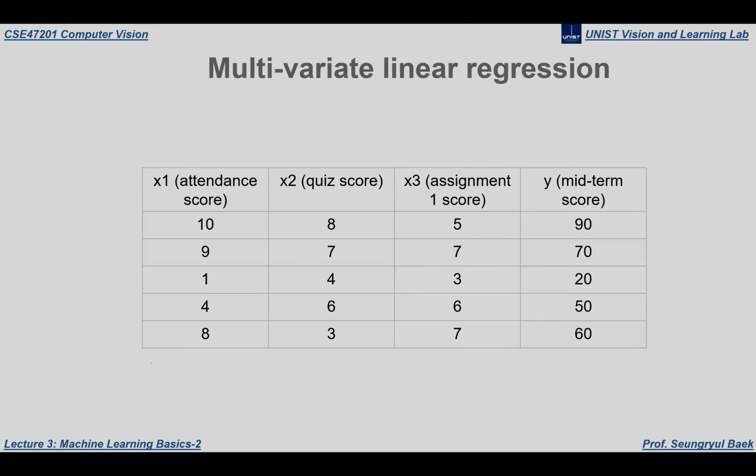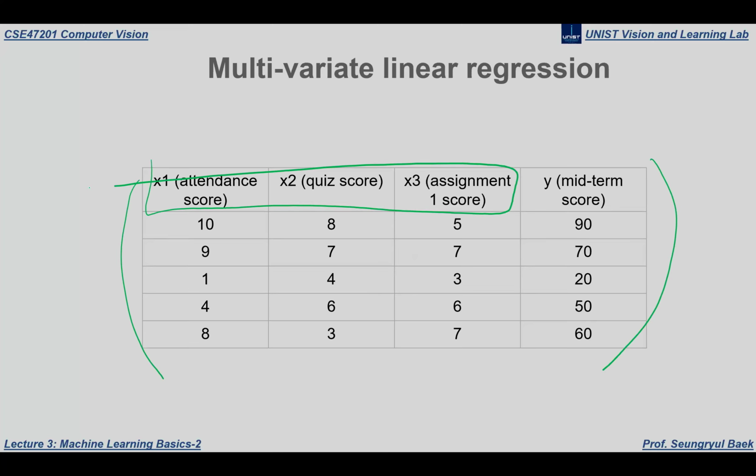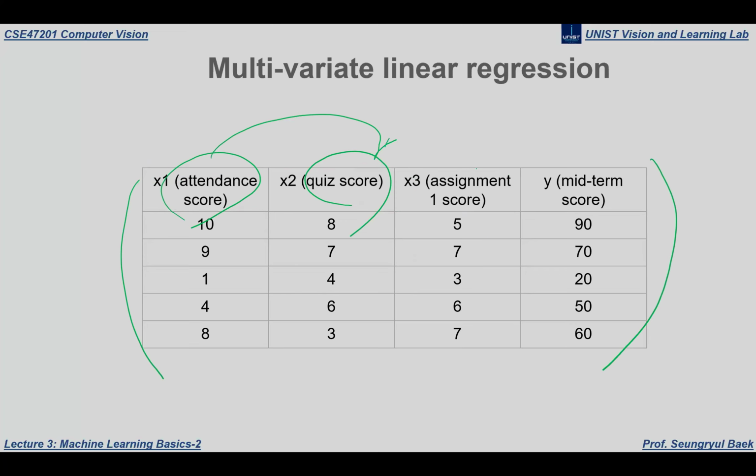And for the case where your x is a vector, that kind of situation is frequently observed in machine learning problems. Let's say you now have the attendance score, but also have a quiz score and an assignment score, and your aim is to predict your midterm score using the quiz score, assignment score, and attendance score.